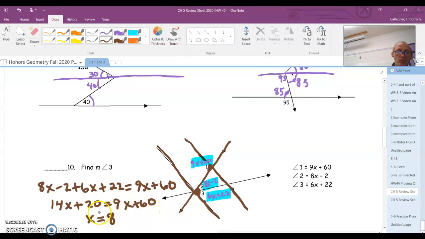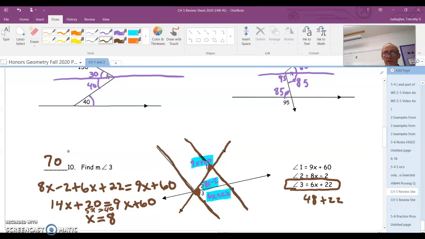So 5x equals 40 is what I get, and I get x equals 8. Now, I need to find the measure of angle 3, so I'm going to substitute it in. 6 times 8 is 48, plus 22, this is 70. That's what I get for the measure of angle 3.